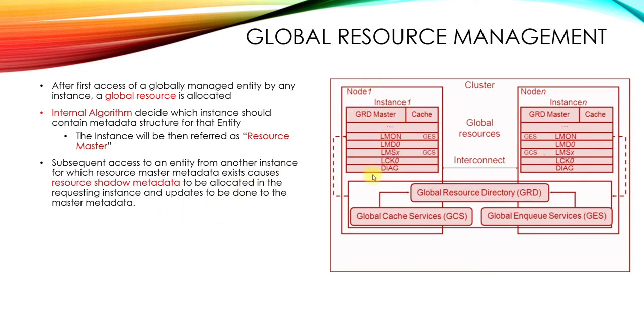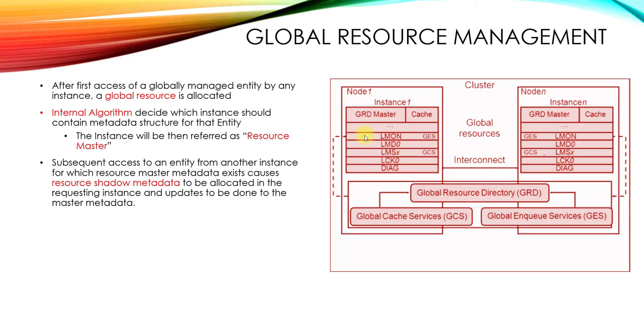So that master instance will take care of that block. Taking care of the block means that when node 2 needs the same block that was requested by the other user, that node and its processes will communicate with instance number 1, where the resource resides, and the block is pushed using the interconnect.